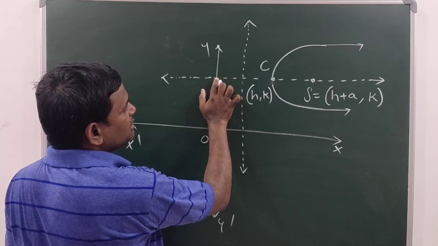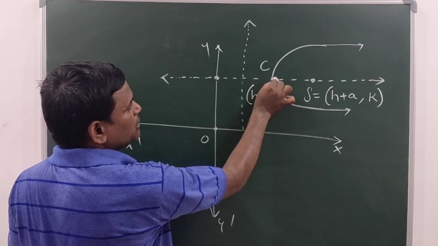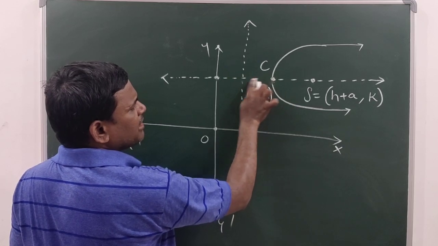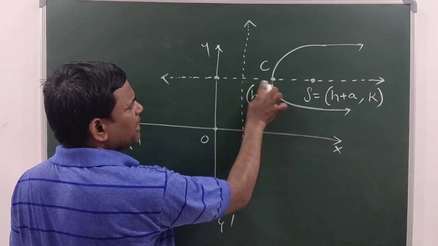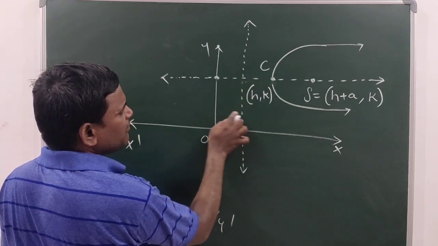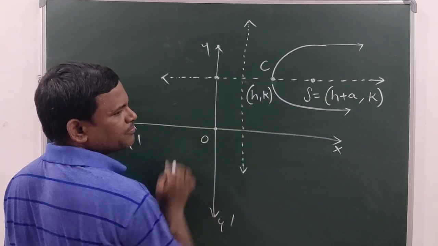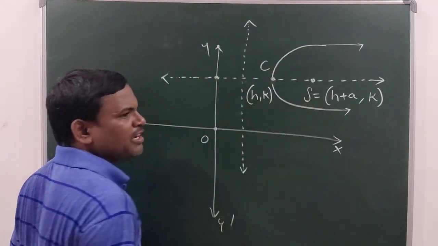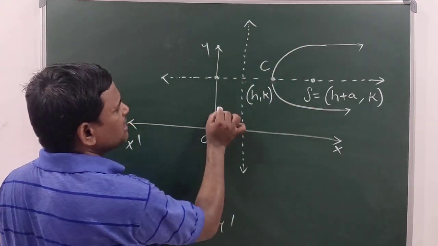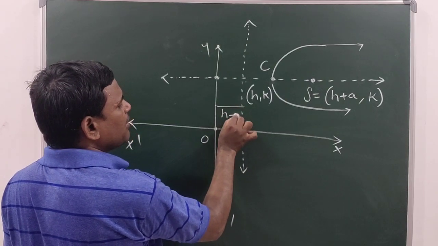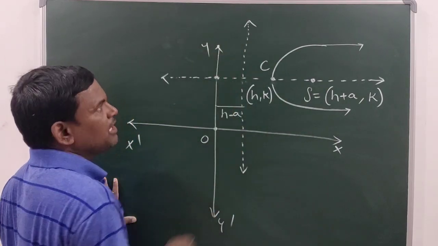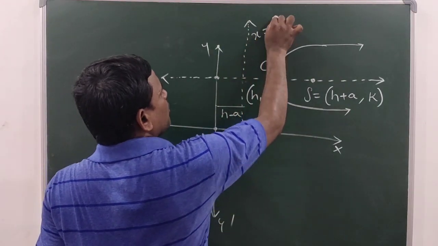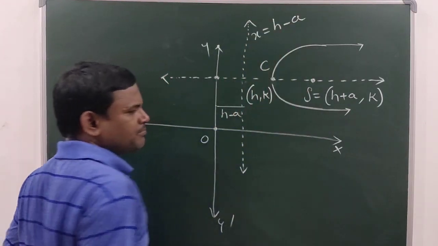The distance from this point to the vertex is h. From this h, subtract this a, so this length will be h minus a. So this directrix of the parabola is at a distance of h minus a from the y-axis. Hence, the directrix equation will be x is equal to h minus a.